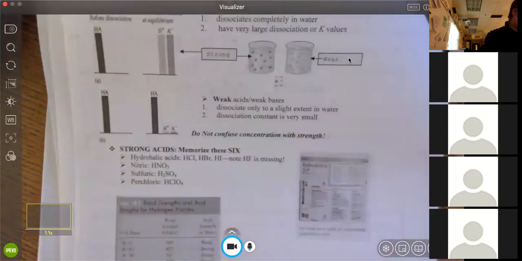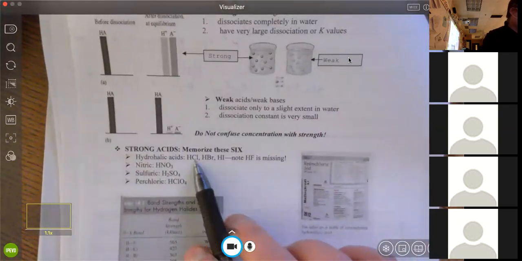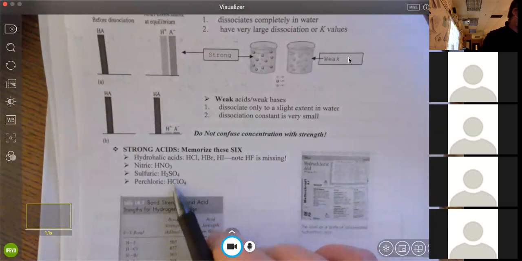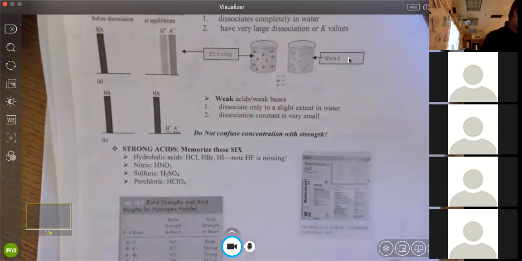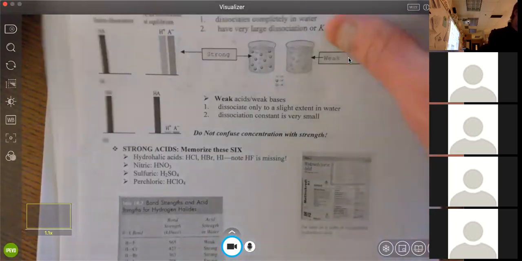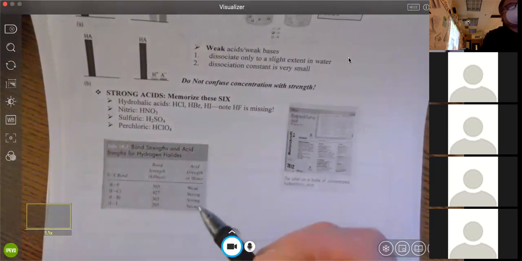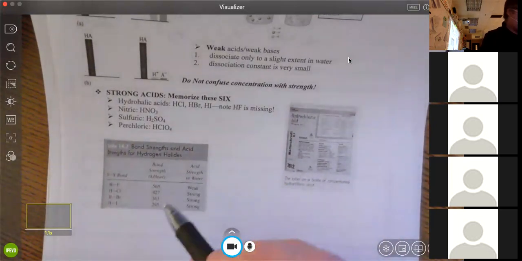Here are the strong acids: hydrochloric, hydrobromic, hydroiodic, nitric, sulfuric, and perchloric. Remember that hydrogen, that proton, is quite a small particle, right?